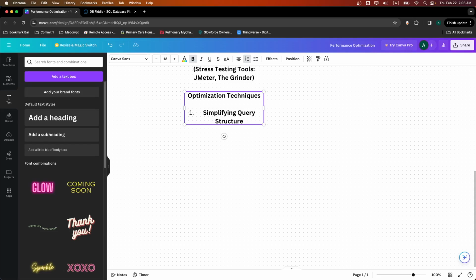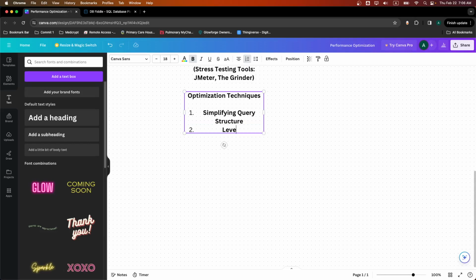Then you also have to use selective filtering, making sure the where clause conditions target specific data ranges or values to minimize data scanning. So you definitely have to look into how you can simplify the query structure.